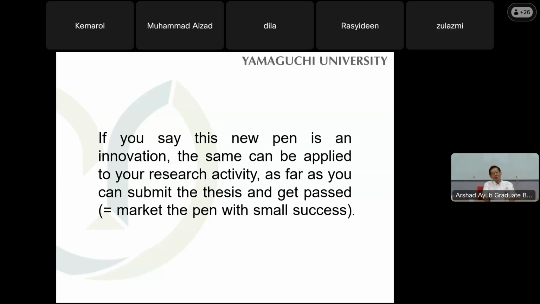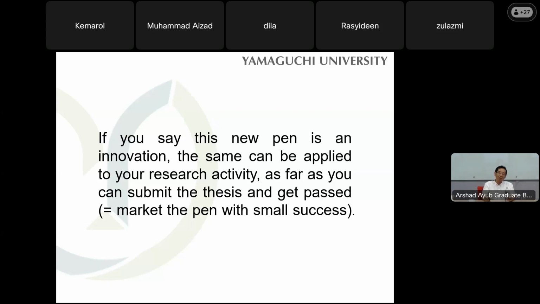As long as you can submit the thesis and get passed, just assume that passing is a kind of market for your pen. And the grade is a kind of measure of the level of success.